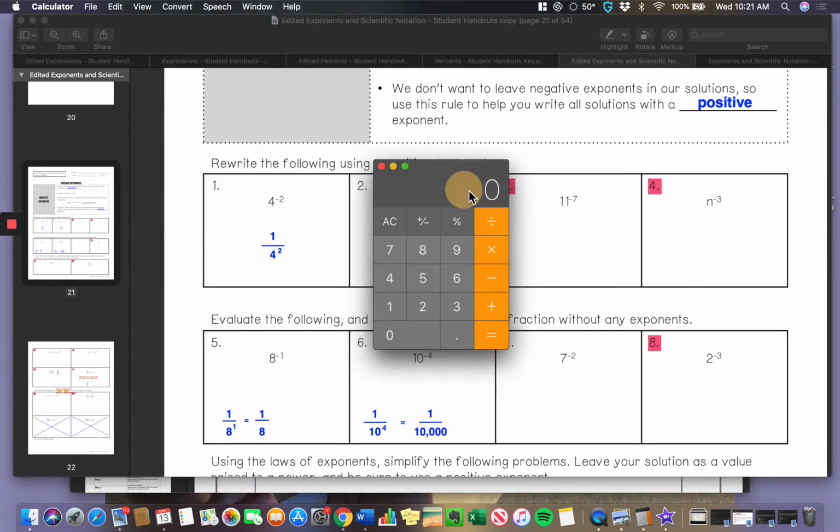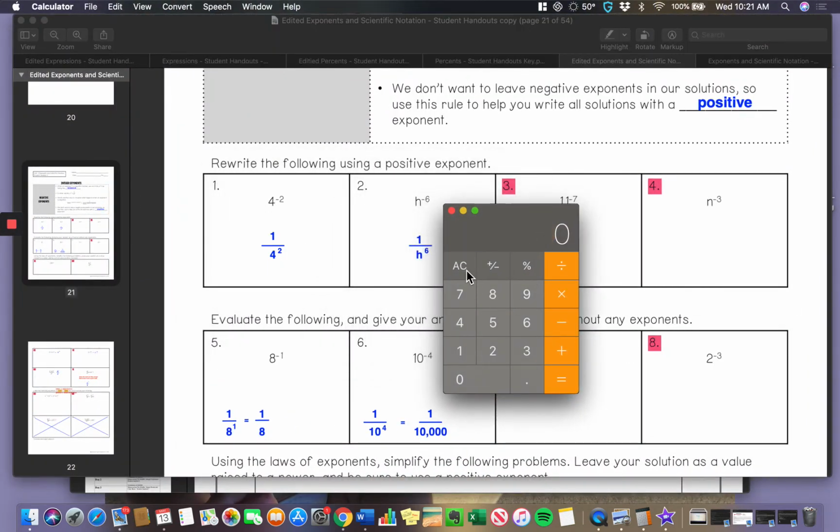So for example, if you had a regular calculator, you could do 10 raised to the 4th. But if you have a calculator that looks like mine, you would need to multiply it 4 times in a row. And that's going to give you your answer of 10,000.